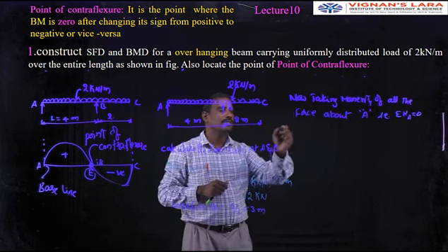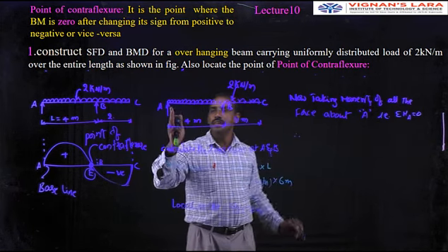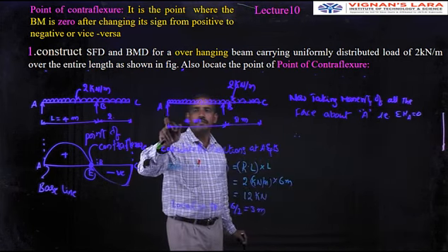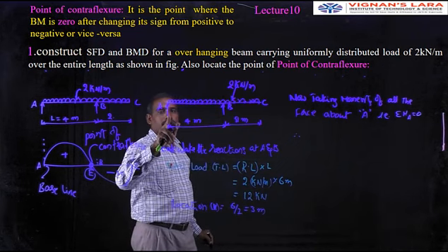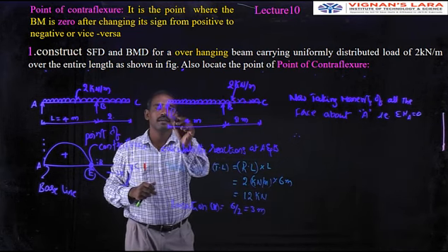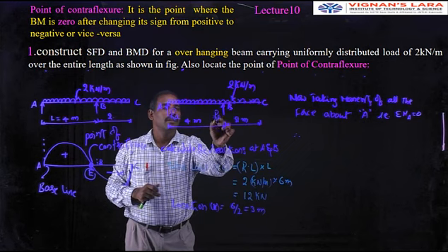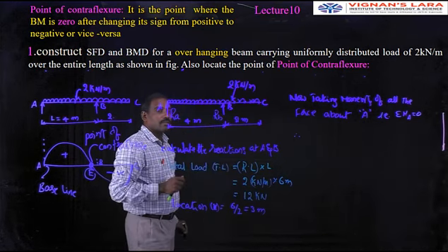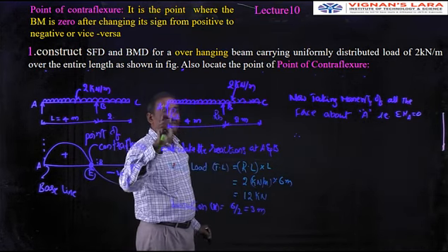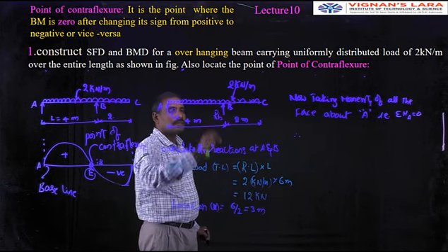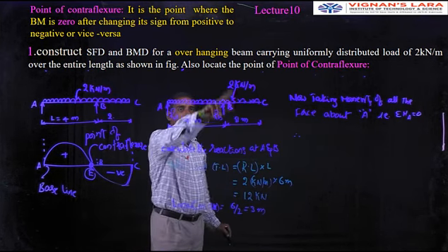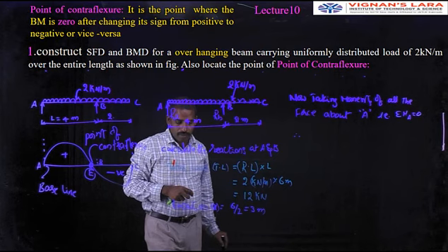Whenever taking moments about A, the moment produced by the force RA is 0. Then there is a moment produced by RB as well as the uniformly distributed load.